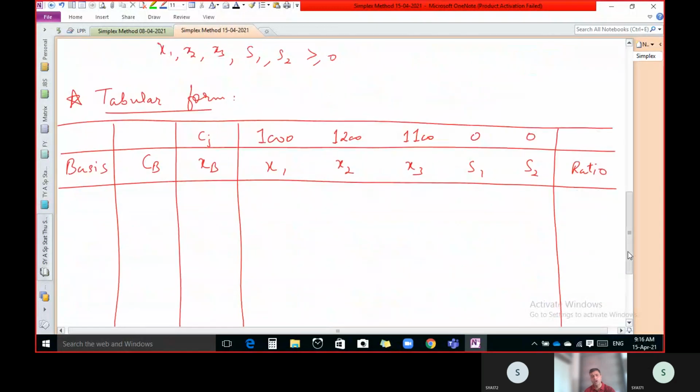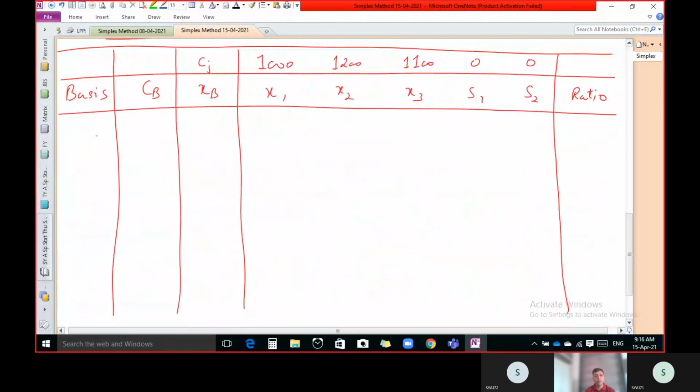Then the next step, always here you have to fill up the first column, that means basis. In basis you have to write slack variables. This is a compulsory step. So here you have to write S1 and S2. Okay, now the coefficients of the basis variables, S1 and S2, you have to write here.